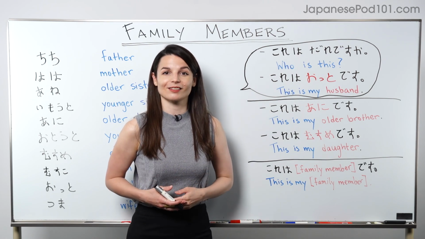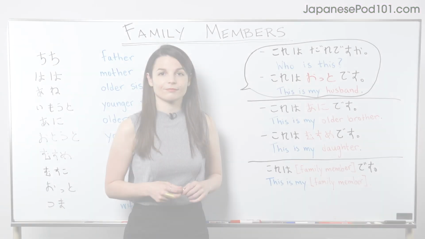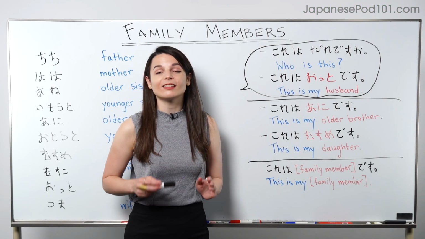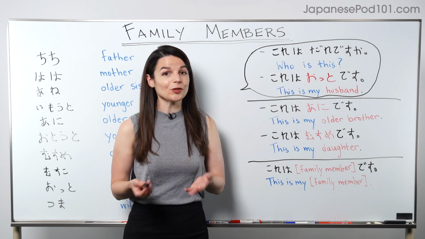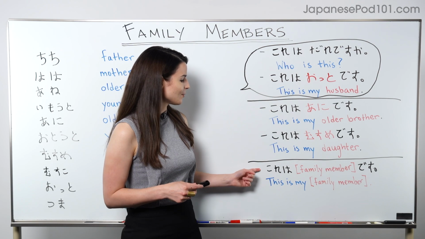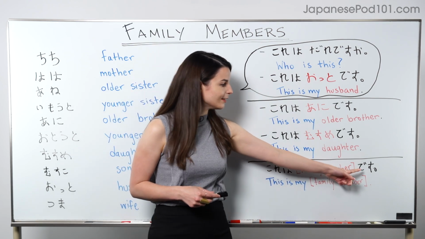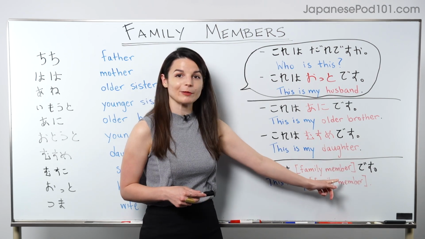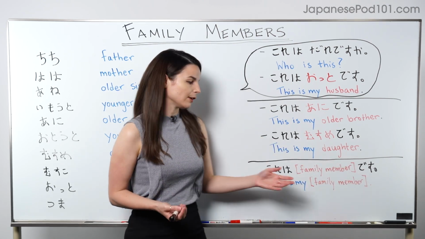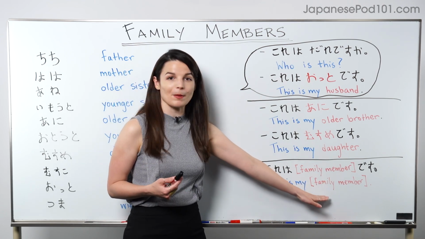Okay, last, let's take a look at the basic pattern that you can use to create your own sentences like these. Here, we see これは plus family member です。This pattern creates this type of sentence: This is my family member.